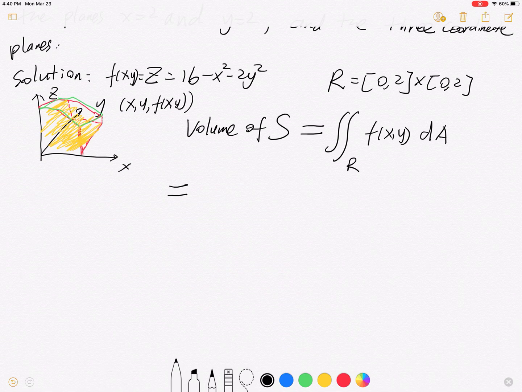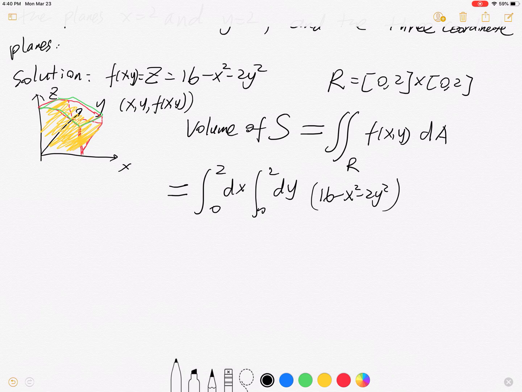In other words, we write it as an iterated integral: from 0 to 2, dx dy, and inside you have 16 minus x squared minus 2y squared.